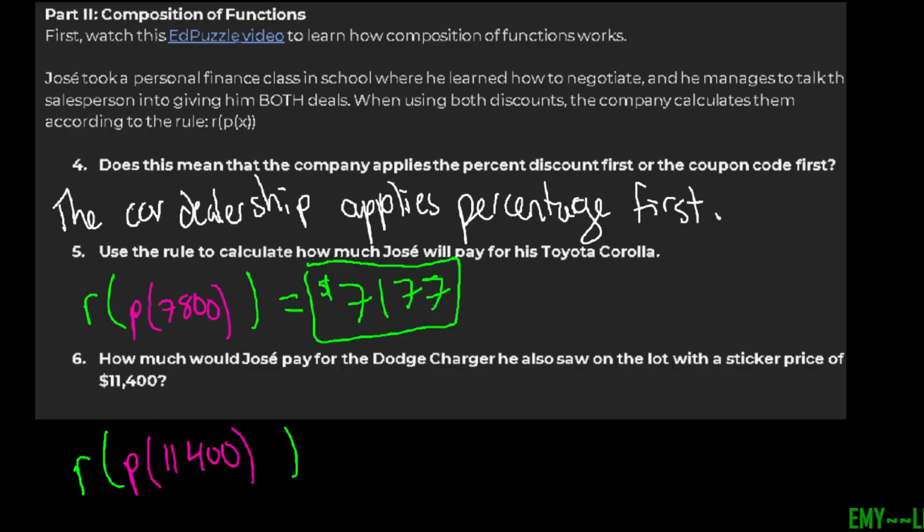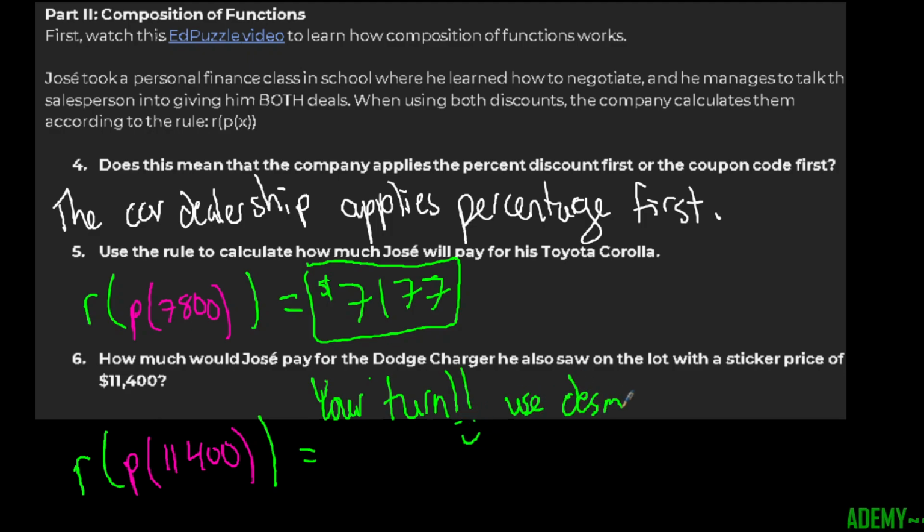This one is your turn, because you should be able to find and solve this again using that same strategy. So your turn, use Desmos. Pause the video, try this out for yourself, again using that same function. You can type in exactly as it looks and see what comes out.